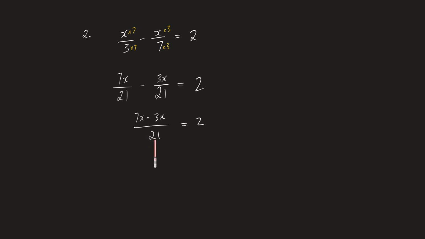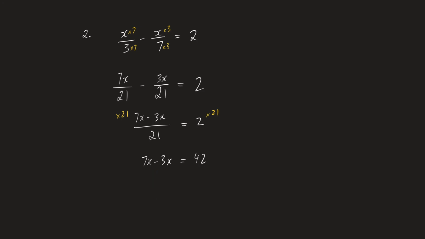So at this stage, I need to get rid of this 21. I can read that as 7x minus 3x divided by 21, so the opposite of that is going to be to multiply both sides by 21. So that will leave me with 7x minus 3x is equal to 42.